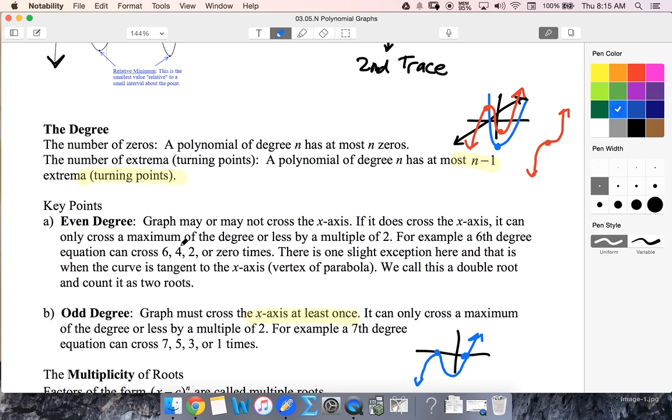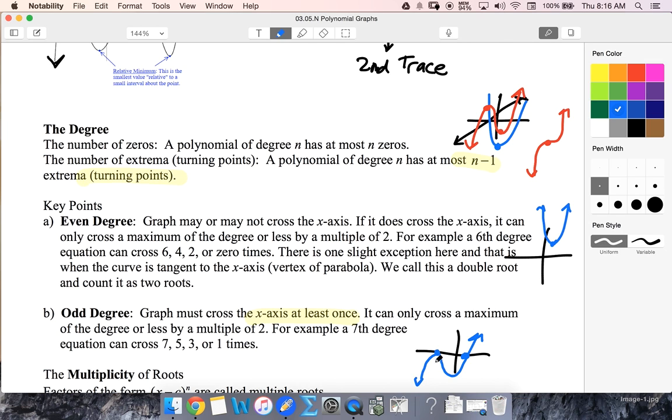An even polynomial is going to cross a maximum of the degree or less by a multiple of 2, and an even polynomial might not cross the x-axis at all. So think about our quadratic. We could have a quadratic up here and have imaginary roots and not cross the x-axis at all.